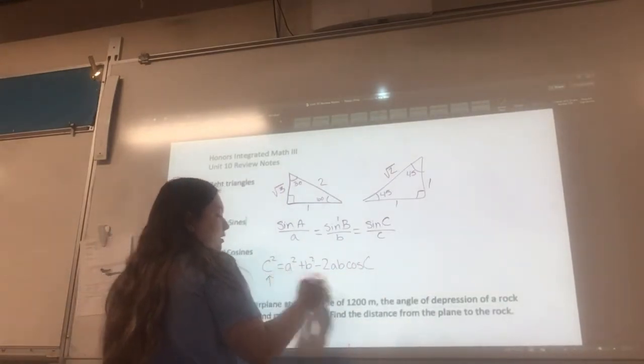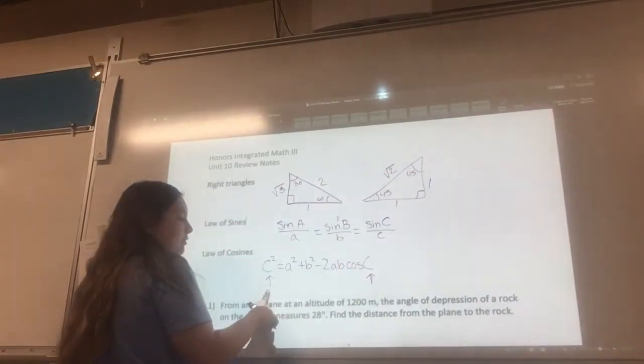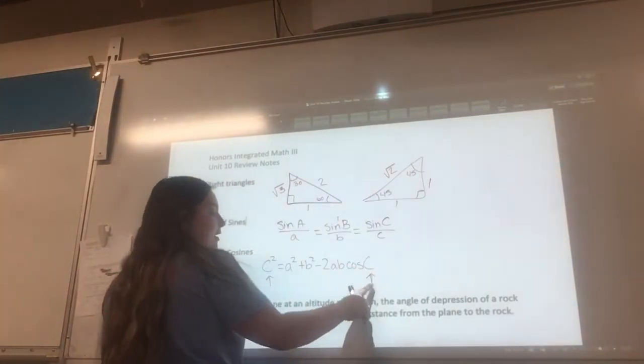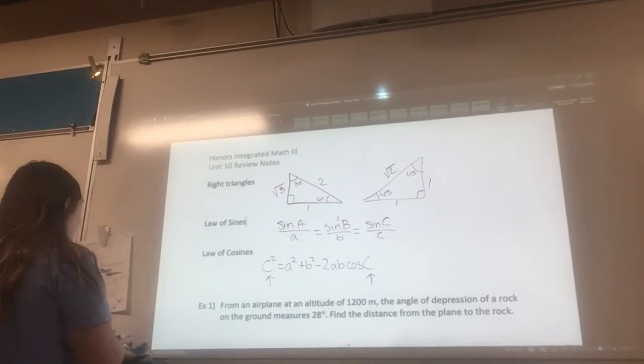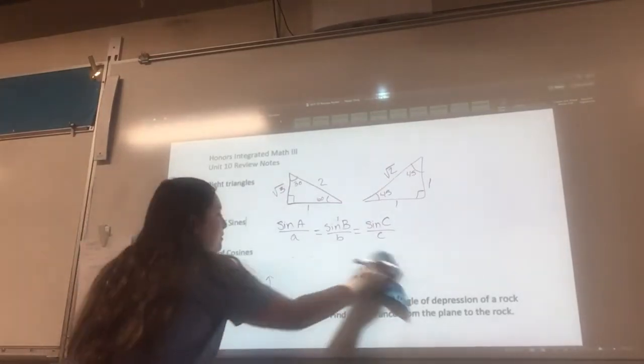Remember, you're using it to solve for either the side length c or the angle C. So those are really important things to remember.